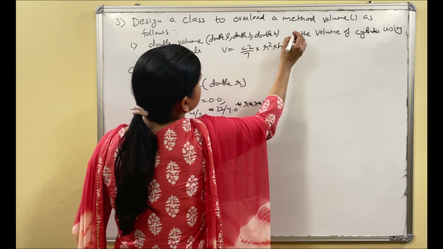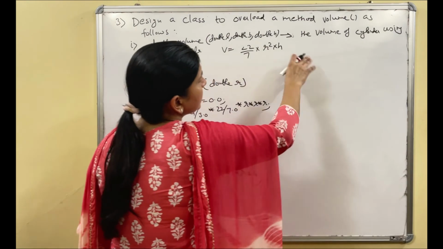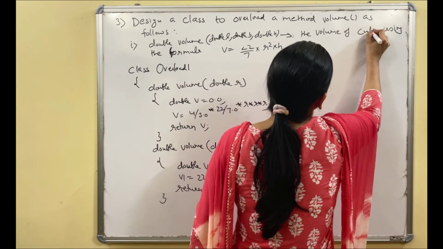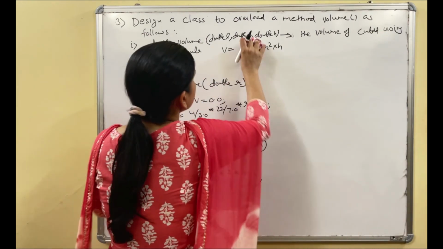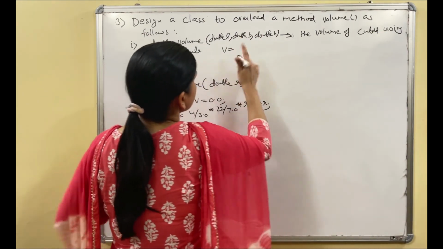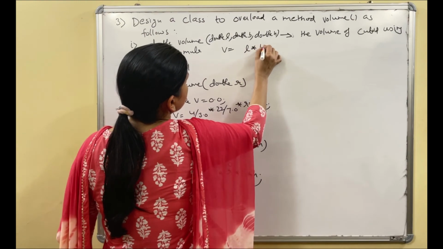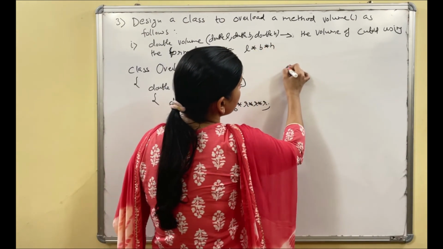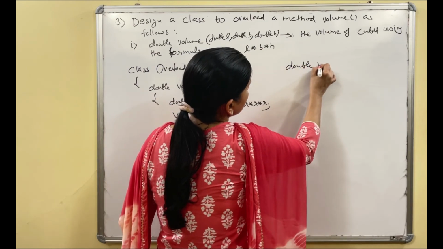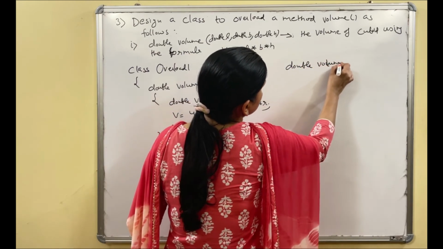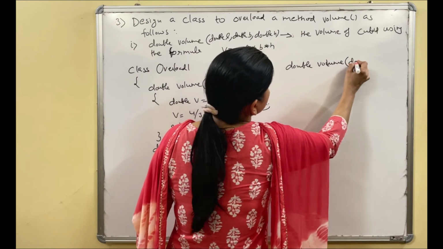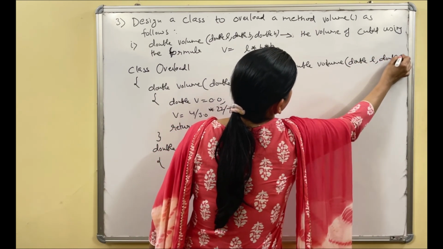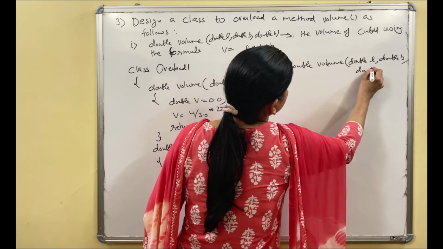In the third function 3 parameters are passed, double l, double b and double h, and it returns the volume of a cuboid using the formula l into b into h. So let's quickly make the third function, double volume. 3 parameters we will pass, double l, double b, double h.